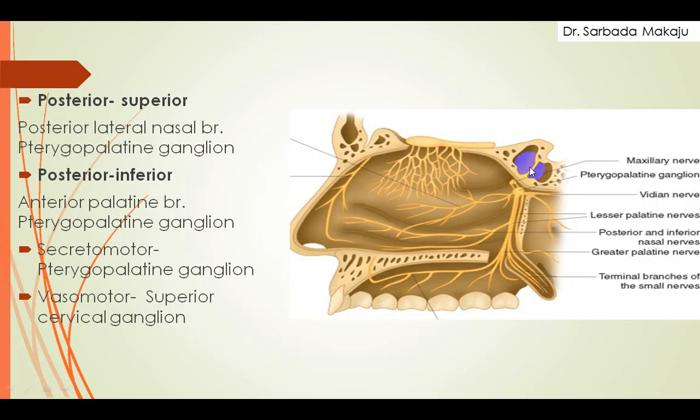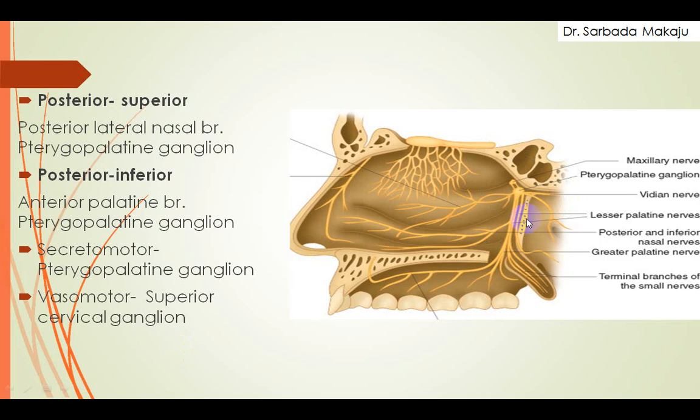Now the posterior superior part is supplied by the pterygopalatine ganglion, which gives rise to the posterior lateral nasal branch.